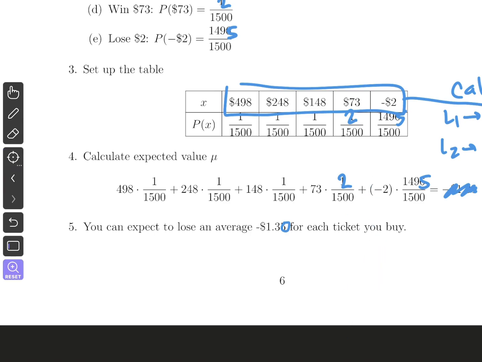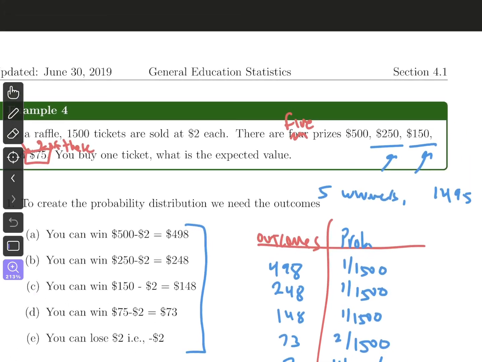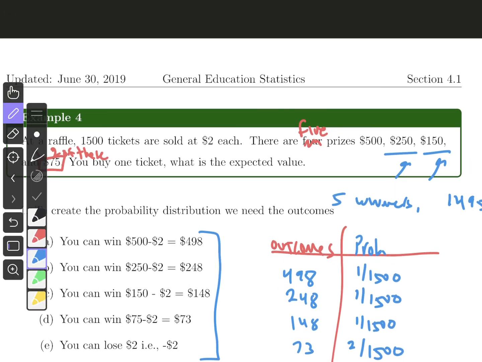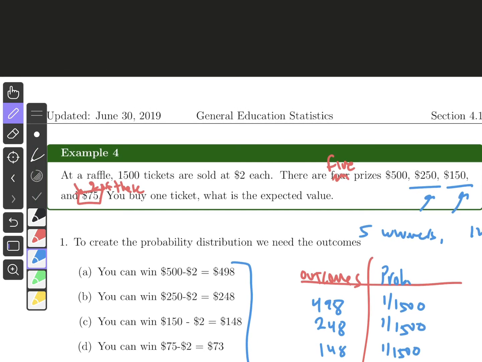Now, what's interesting about a raffle is to think about the outcome for the person running the raffle. Again, these are usually charity raffles, and so you should expect the charity to get money out of this. So how much money did this charity, let's pretend it's a charity, make? Well, they sold 1,500 tickets at $2. This is more of a tangent.